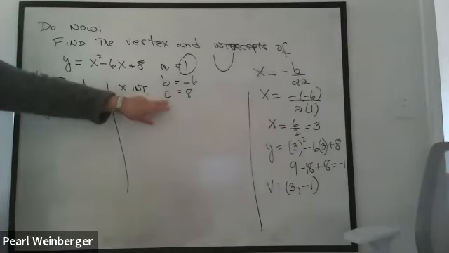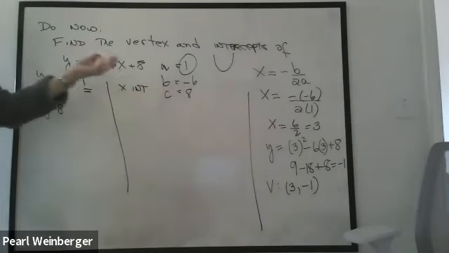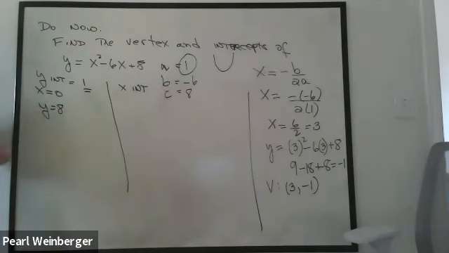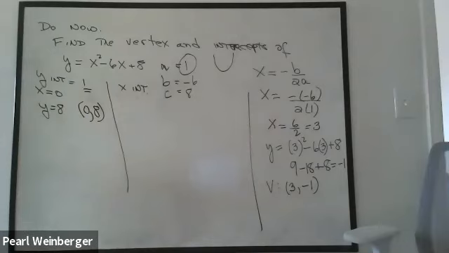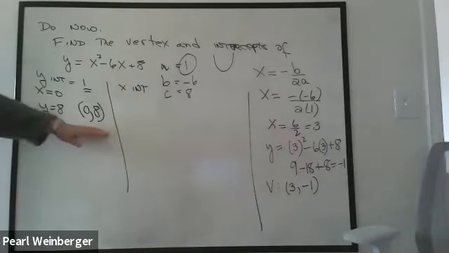The c, the number that stands alone, that's not attached to any variable, is your y-intercept. If we wanted to be more elaborate, we could say the y-intercept is the point (0, 8). It's enough to say the y-intercept is 8 because you know it's on the y-axis. But the true way to say it is (0, 8) because it's a point, you should give its x and y value.